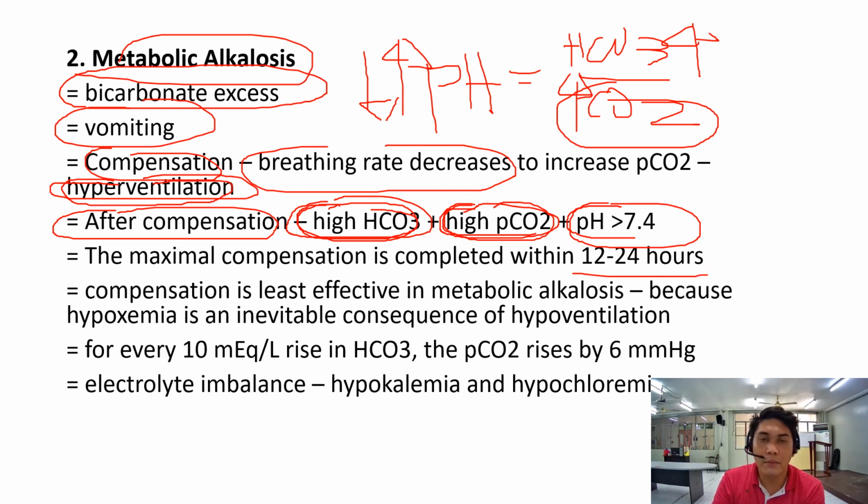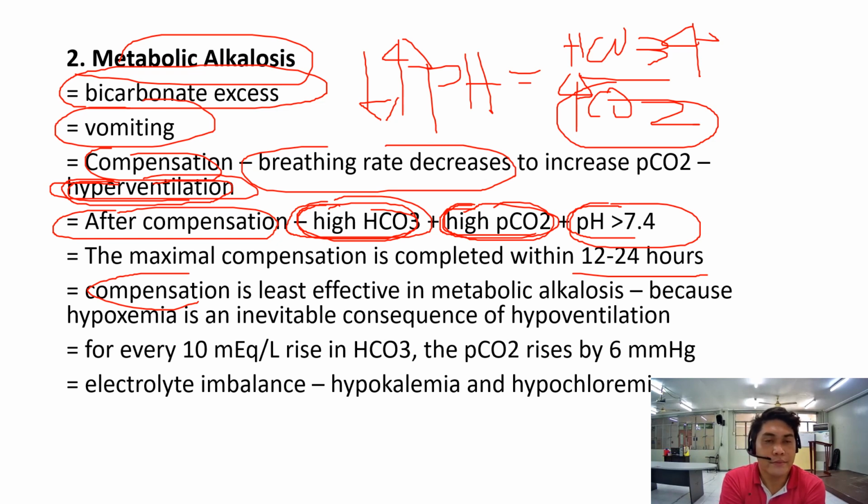However, there's a problem with the compensation for metabolic alkalosis because hypoventilation will lead to hypoxemia. That's why the compensation for metabolic alkalosis is the least effective, because there's a possibility that it will result in hypoxemia if you hypoventilate too much.